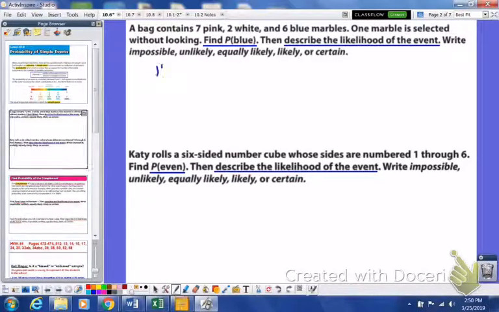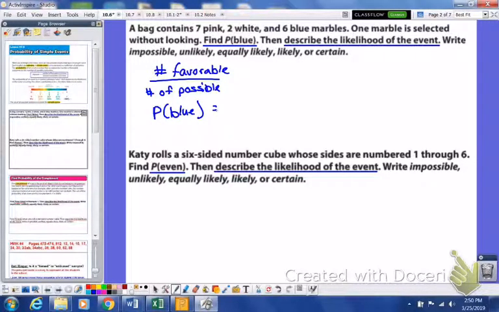So if you flip back, you see we want the number of favorable outcomes over the number of possible outcomes. So if I'm looking for the probability that I draw a blue marble, the favorable outcomes, how many ways can we draw a blue?